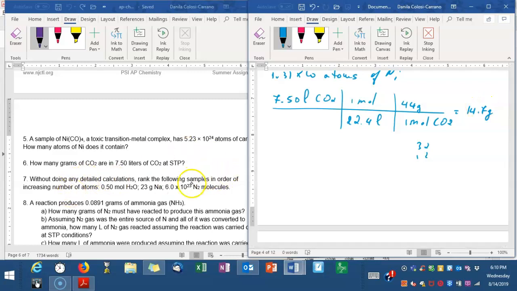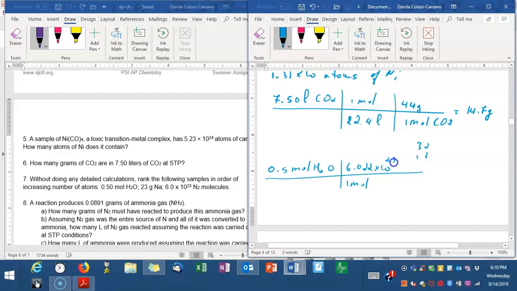Number 7. Without doing any detailed calculations, rank the following samples in order of increasing number of atoms. Okay, so here we have 0.5 moles of H2O, right? In 1 mole there are 6.022 times 10 to the 23rd.